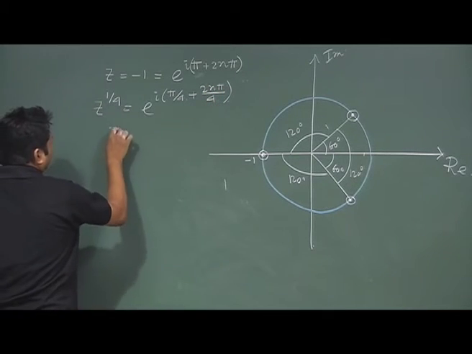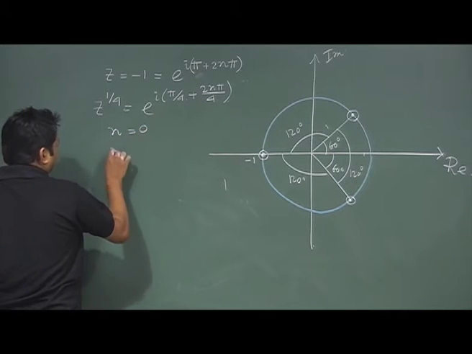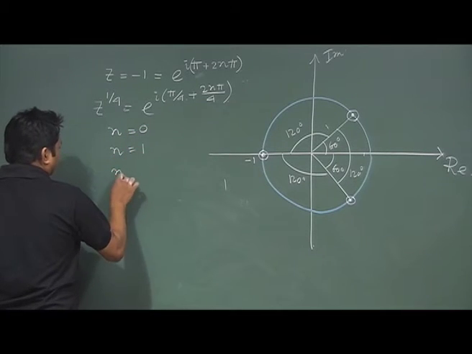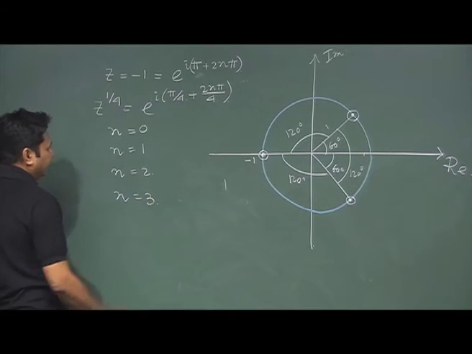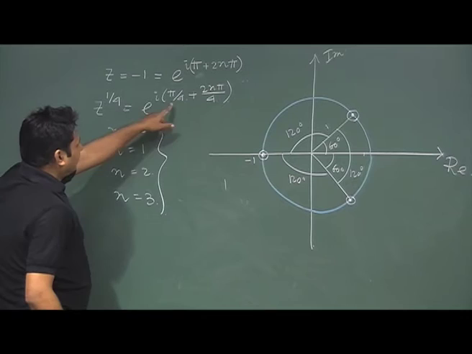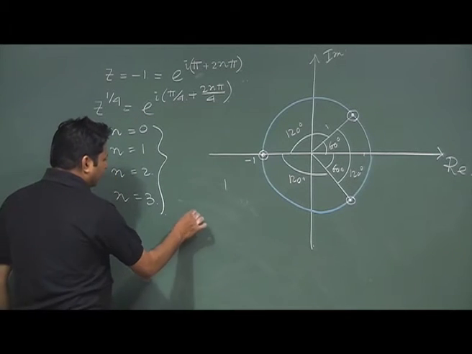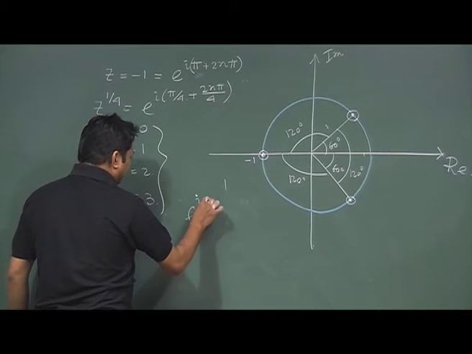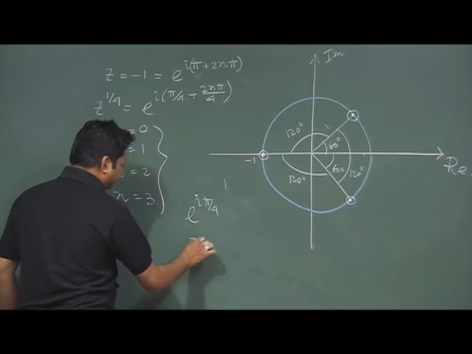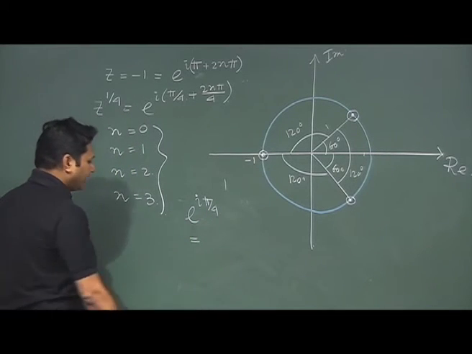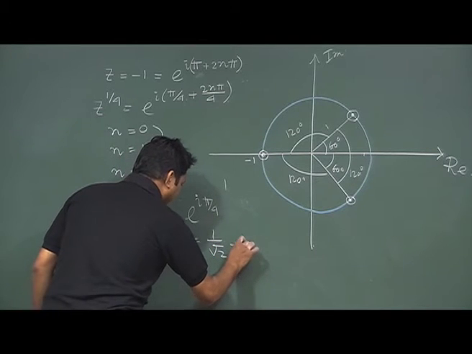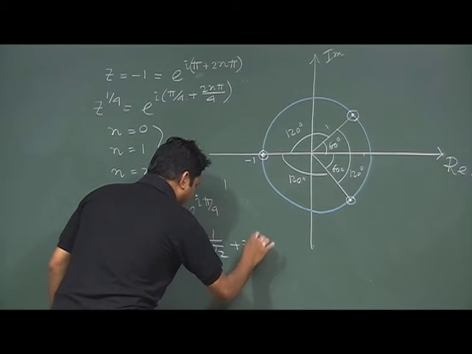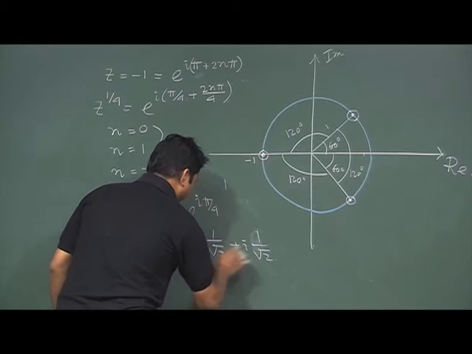What should be the value of n here? n should be 0, n should be 1, n should be 2 and n should be 3, right. For this case, what will be the first value? First value is e to the power of i pi by 4. What is this value? Cos pi by 4, 1 over root 2, plus i 1 over root 2.